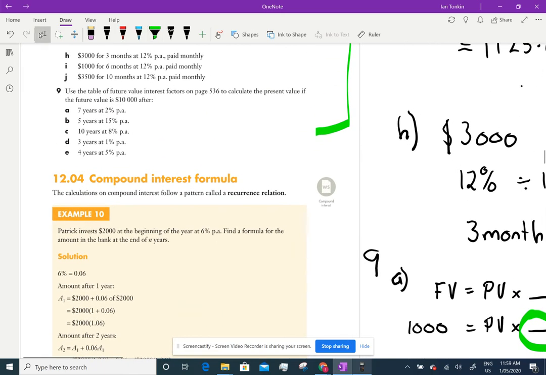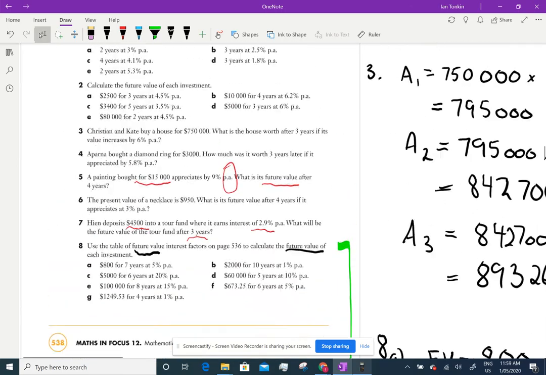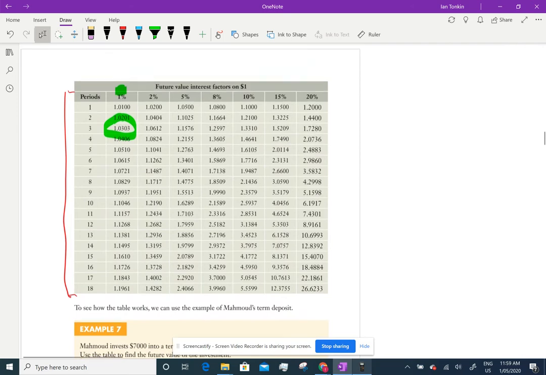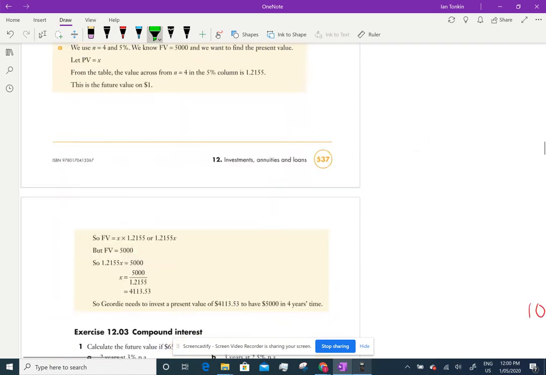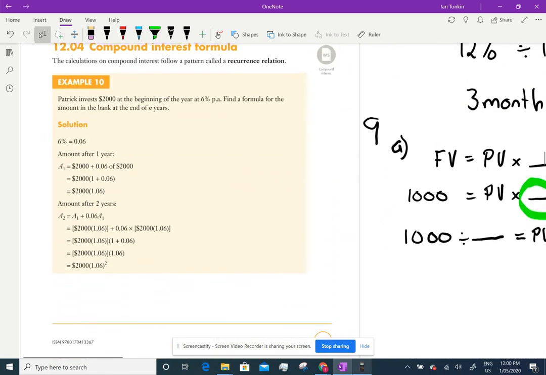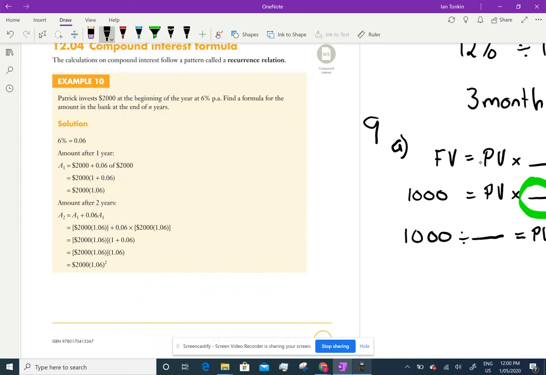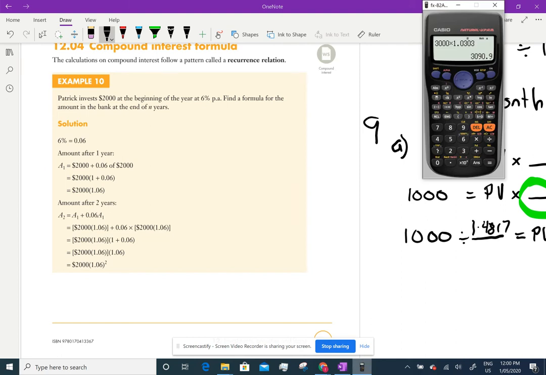So what was the interest rate? 7 years, 2%. Let's see if I can at least get one of these right. I'm looking for this: 1.1487. 10,000 divided by 1.1487.